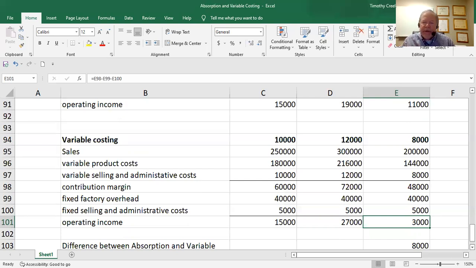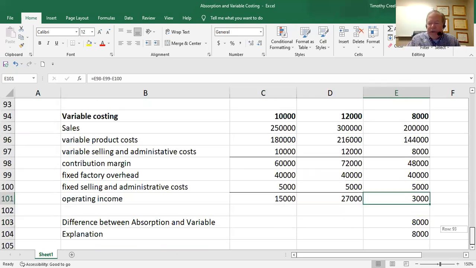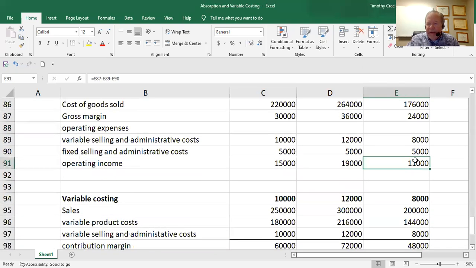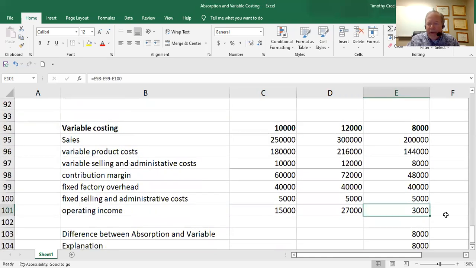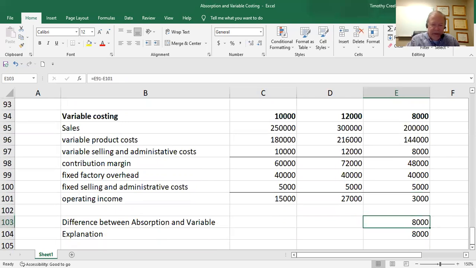This is an example of this here with the selling of 8,000 units and the production of 10,000. Now, the difference between the two is 8,000. So if we take the 11,000 operating income under absorption minus the 3,000 operating income under variable, we come back to $8,000.